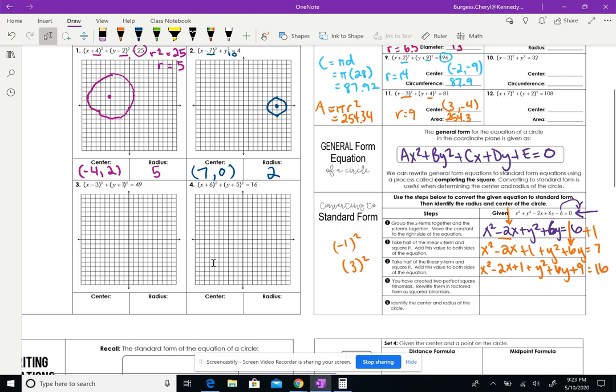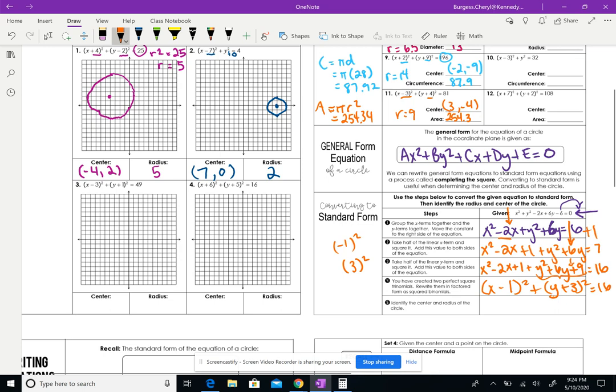So what does x squared minus 2x plus 1 factor to? Well, it's a perfect square trinomial, so it becomes x minus 1 squared. Okay, and this factors to y, and this is positive, so plus 3 squared equals 16.